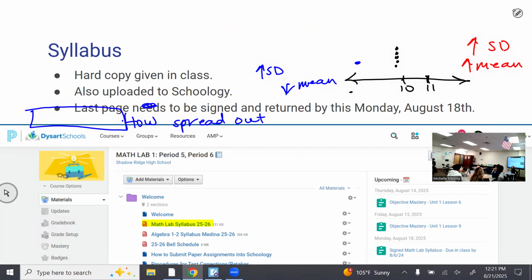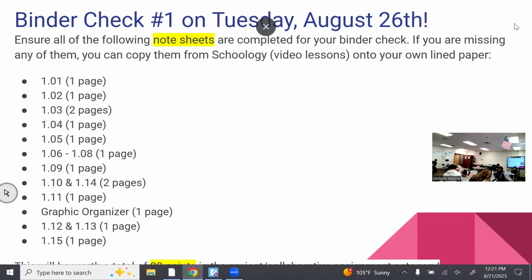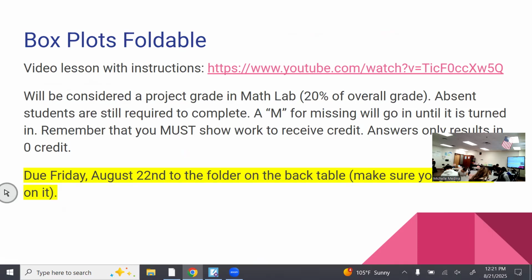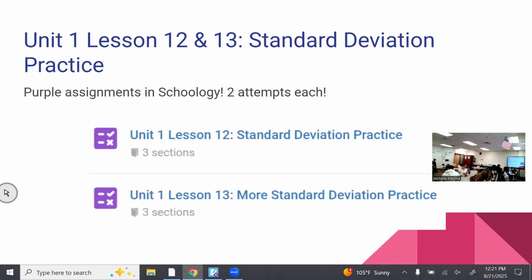Just tell me if it's not there and I'll make sure you have access to it. Since you're all here, that's what I want you to work on first to get 80% or higher. And then after that, you need to turn in your foldable, your box plot foldable if you haven't yet. So this is first priority. And then your box plot foldable after.